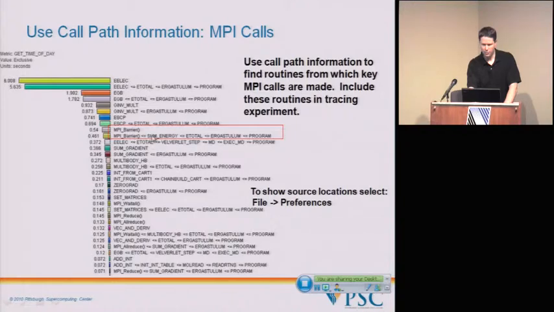Okay, so that's the basic point of this, that you can also toggle this. So there's just some instructions here that there's a preference where you can tell it to show the source location. I'm not showing the source locations here for space mainly, but you can toggle that on and off and tell it to indicate to you where in the source this call is being made.